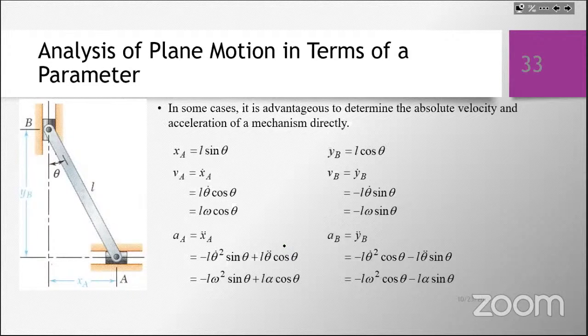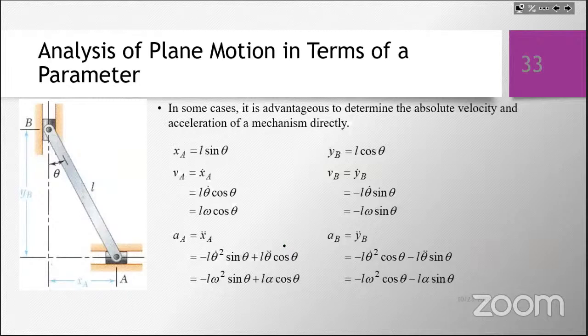I know x sub A and I know y sub B. X sub A is L sine theta. Well, I want the velocity. I take the derivative with respect to time. If I do that, I get L omega cosine theta. If I take the derivative again, I'll end up with negative L omega squared sine theta plus L alpha cosine theta, which is what we got before.